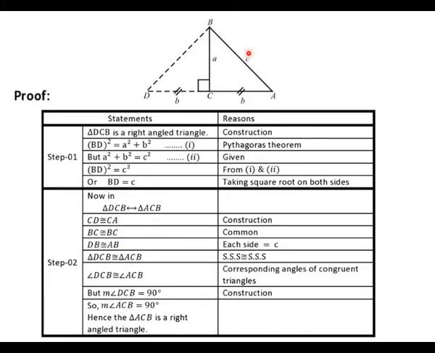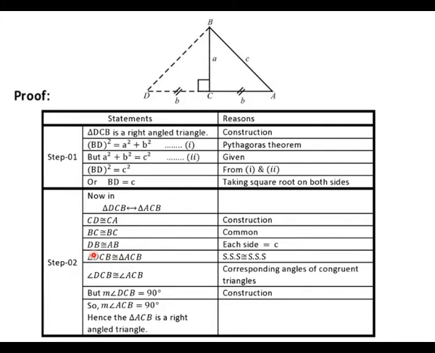AB is also represented by c, and over here in step 1 we have proved that BD is equal to c. So these both are equal to c. The reason is each side is equal to c, so we can have DB congruent to AB. Okay, now from the SSS postulate, we can have the congruency of both these triangles.